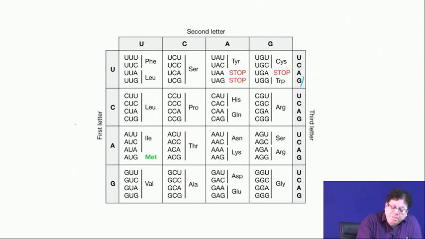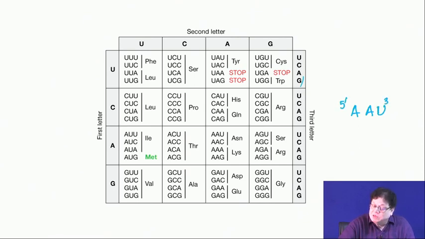Now, when I say AAU, suppose, you have to always specify which is the 5 prime end and which is the 3 prime end. In most books it is written that this is the first letter, this is the second letter, this is the third letter. Letter means it is a base here. The first letter starts from the 5 prime end and the third letter ends at the 3 prime end. Okay. So, now how to read this table?